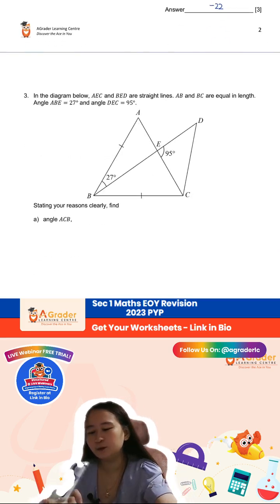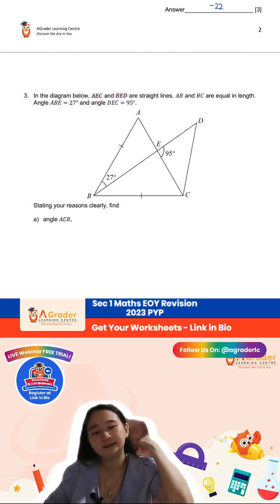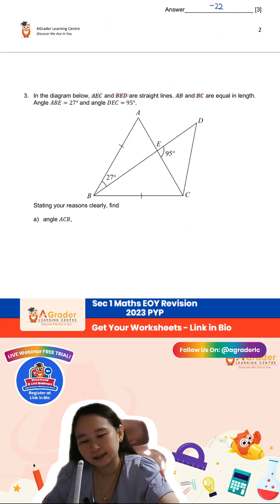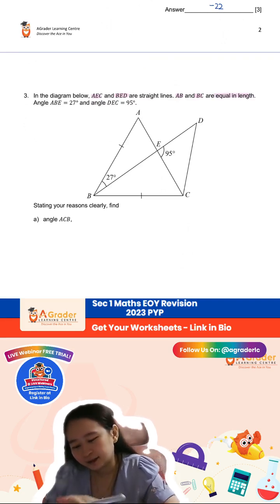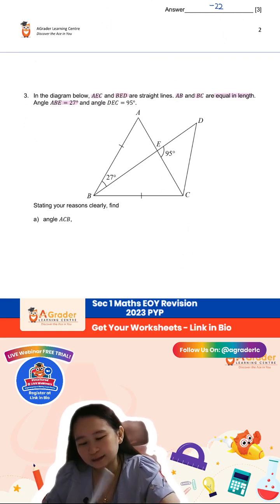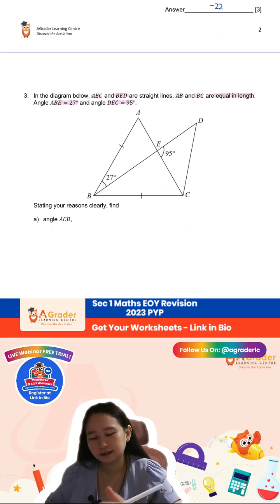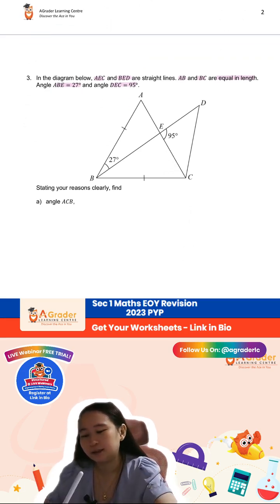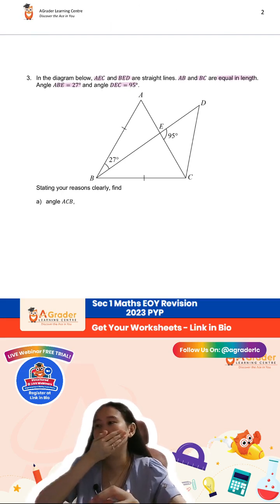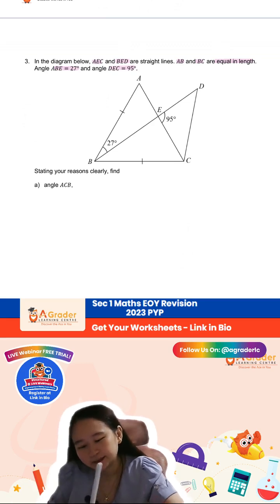In the diagram below, AEC and BED are straight lines. AB and BC are equal in length. Angle ABE equals 27 degrees and angle DEC equals 95 degrees. Stating our reasons clearly, find angle ACB. Okay, so they want this angle ACB here.